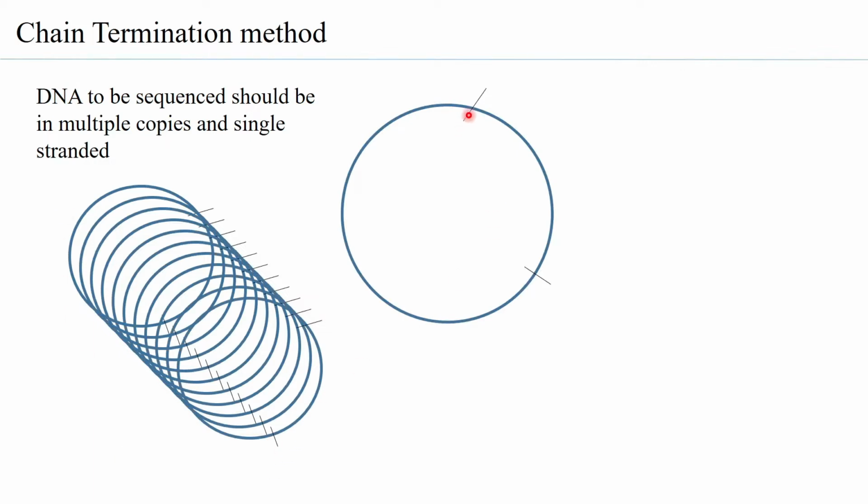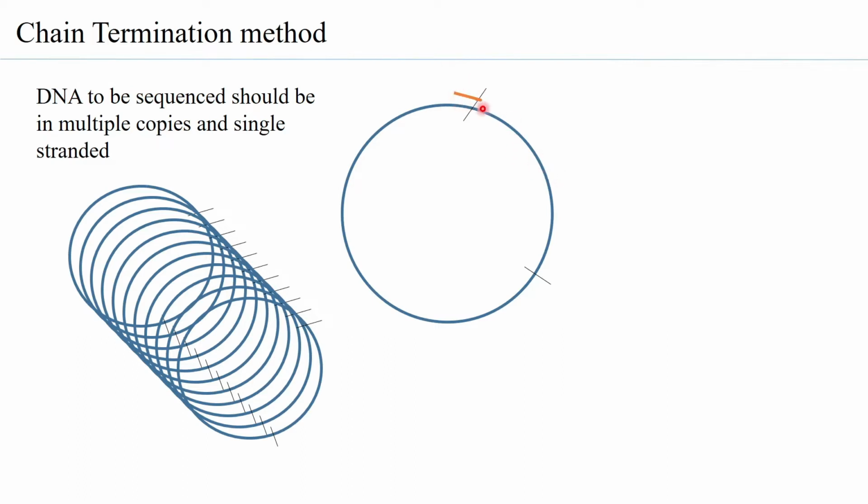So effectively what we understand is that this is the DNA that has to be sequenced from here to here. So in order to sequence this, one needs to add a small oligonucleotide which would bind to a region of the M13 vector just before the start of the gene of interest, or the DNA that has to be sequenced.